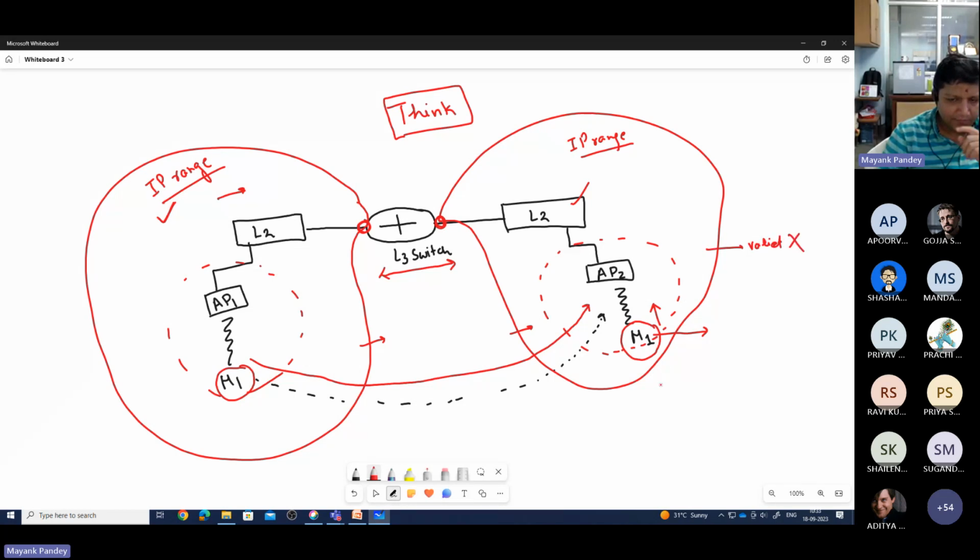It's not valid. So M1 needs to get another IP address. Yes or no? Yes, M1 needs to get another IP address. And if M1 gets another IP address, what's the problem?